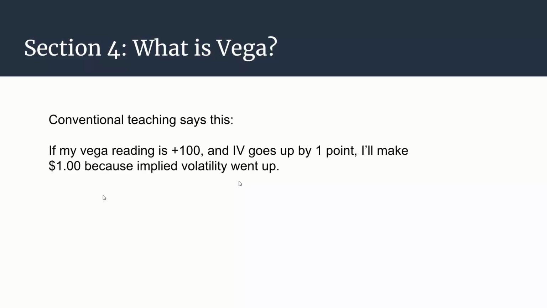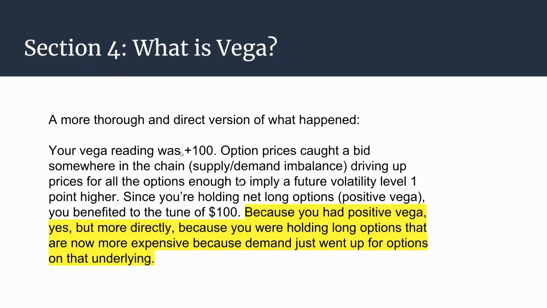Conventionally, what you'll usually see is that if your Vega reading is, say, plus 100, and implied vol goes up by 1 point, you'll make $100. But really, what happens is your Vega reading was 100, and then the option prices got bid up somewhere in the chain, which means that demand came in, driving up the prices for all the options enough to imply a future volatility level 1 point higher.